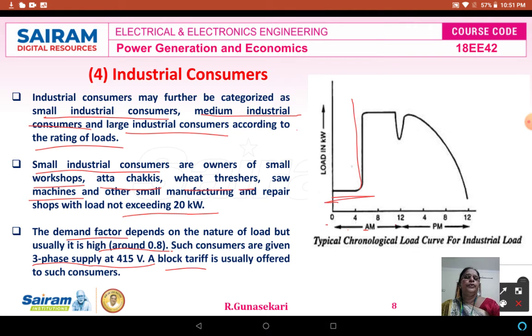Then it stays constant up to 12. Again at 12 the load reduces. Again after 12 the load increases, and then gradually decreases up to 12 pm only. This is the analysis of the load curve for the industrial load.